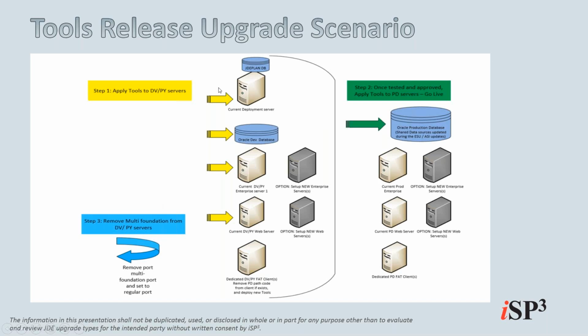Remember, at the deployment server level, you've set up multi-foundation because that's what's running under the new tool set, under a different port. You would then take it apart, so that you would end up with a full environment that runs under the same port as usual under the new tool set. So that's kind of what a tools release upgrade scenario looks like.